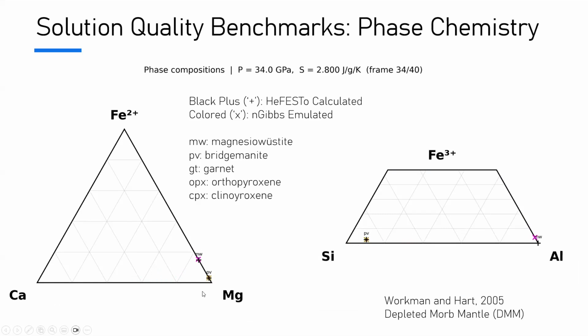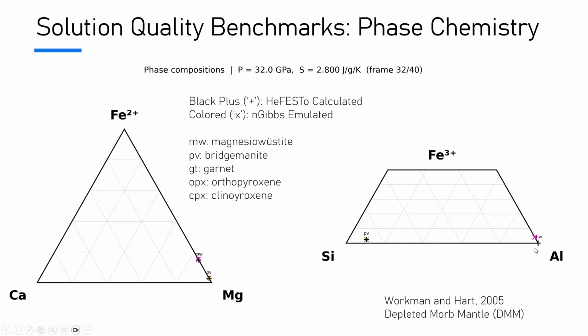So the colored markers are the emulations, and the labeled pluses are the results from HeFESTO. I am also pretty happy with this. You can see, for instance, the movement of garnet into the majorite fields as we increase in pressure, which I think is pretty cool.